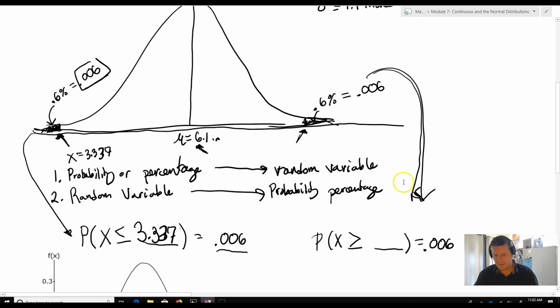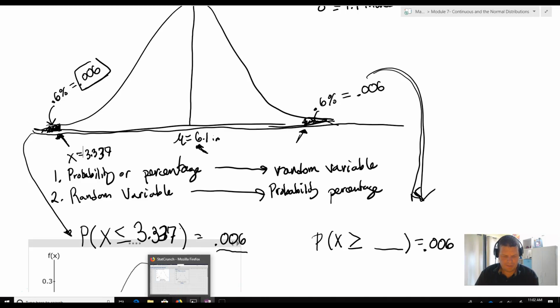On this side, we've got to change over. It's almost identical, just on the opposite side. That's one of the reasons why I draw the picture, so that it helps me understand which side I'm looking for, and it gives me which comparative I'm going to use.